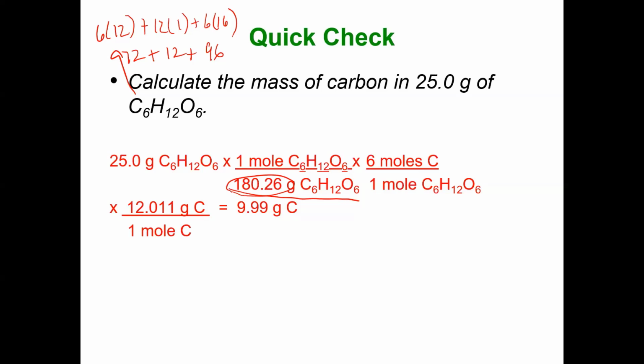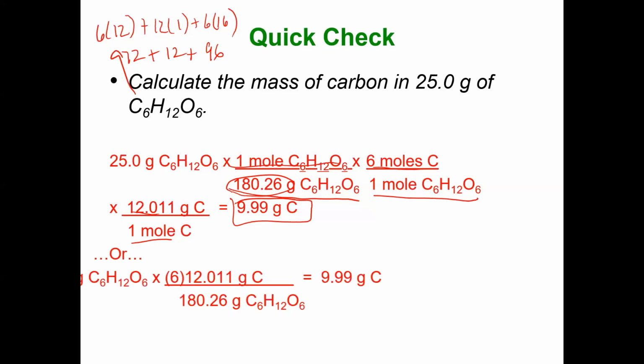So you could say 25 grams of glucose, there's 180 grams per 1 mole of glucose, and in 1 mole of glucose, there's 6 moles of carbon, and 1 mole of carbon is 12.01 grams, so that's how many grams of carbon. So that's using mole ratios, totally fine, nothing wrong with that. What's a faster way?